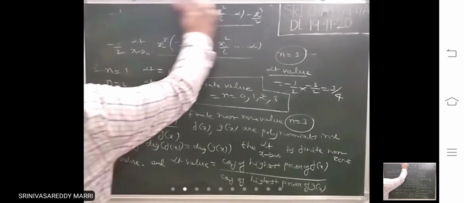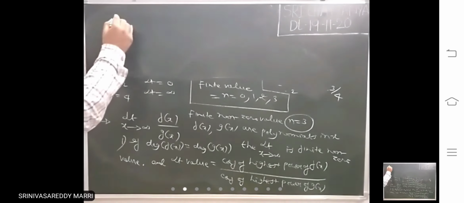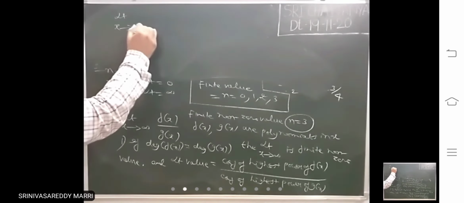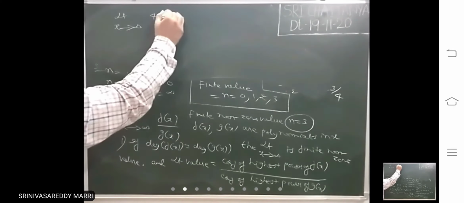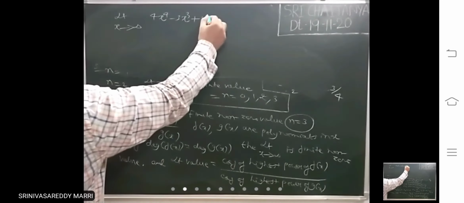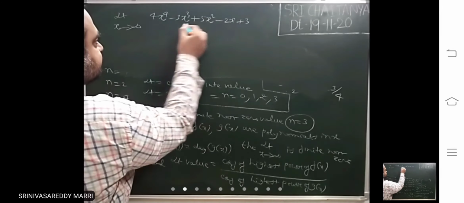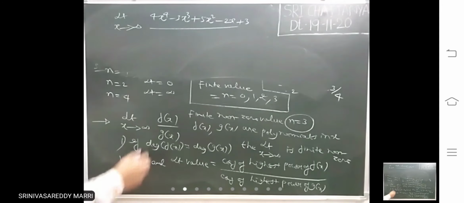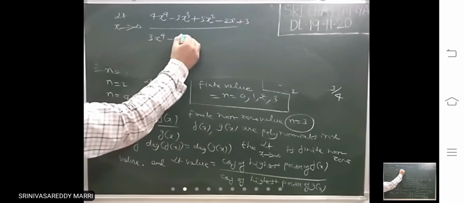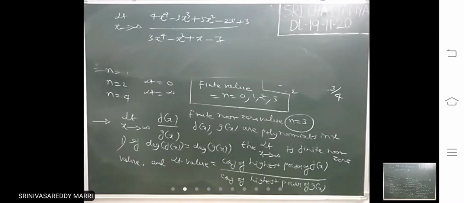Look at one problem. Suppose the problem is like this: limit x tends to infinity, 4x to the power 4 minus 3x cube plus 5x square minus 2x plus 3, divided by 3x to the power 4 minus x square plus x minus 7.